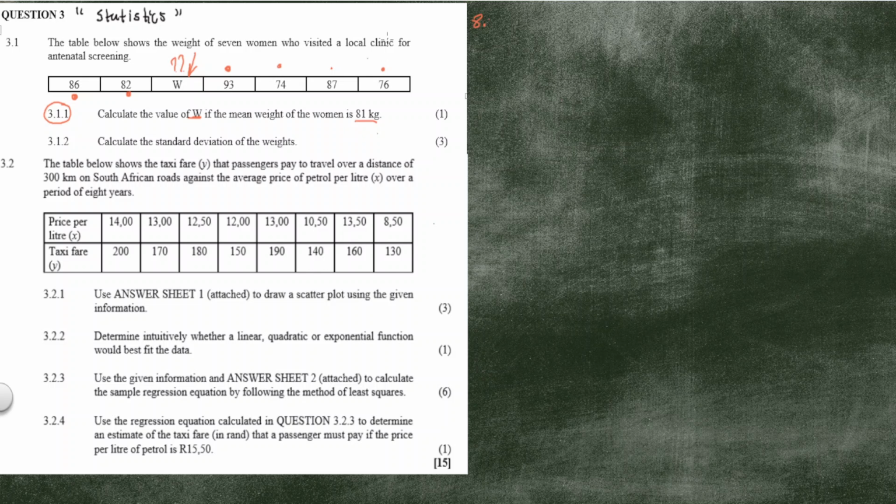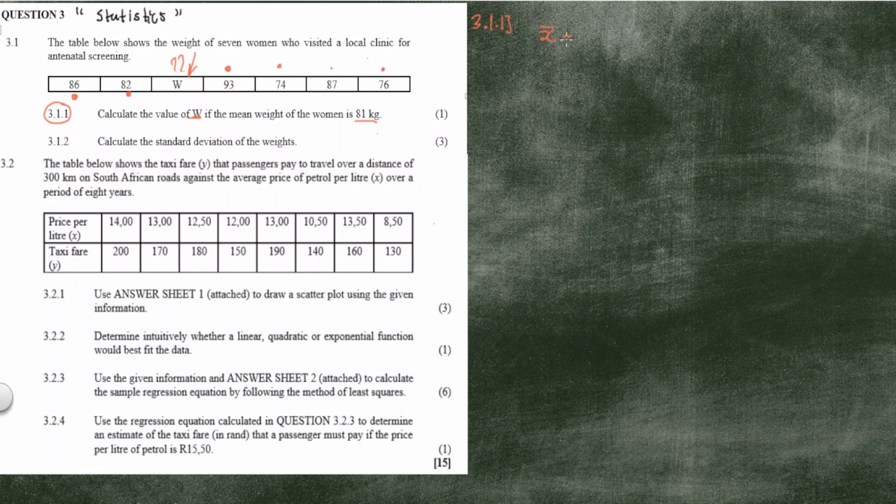For 3.1.1, we want to calculate the unknown W. Since we are given the mean, we'll use the mean formula to calculate W. If we were given the standard deviation, we would use that instead.